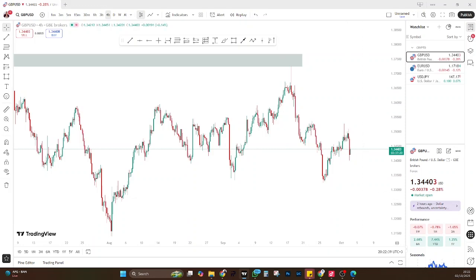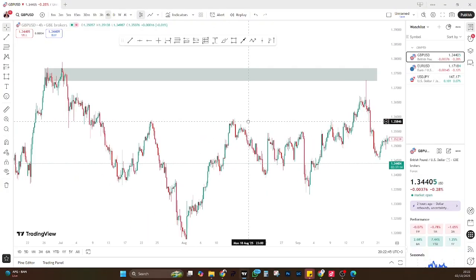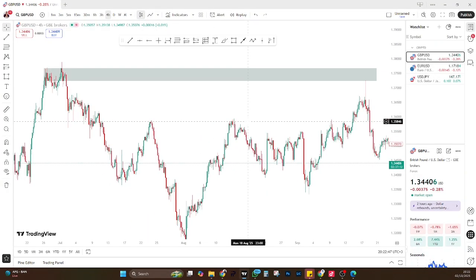So that is what we call an order block. An order block is the area where the market makers or the market movers entered into the market.